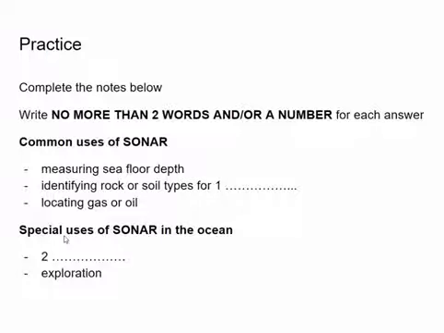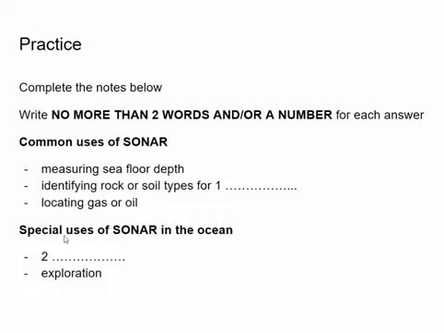Now, before we listen, notice that there is a 2-word limit on your answers for the short answer questions here. And we've got 2 categories, just like we saw in the last slide. We've got to look for that category information in the notes, and the 2 basic categories that we see here are common uses of sonar, so that would be keywords to underline there, uses and common.